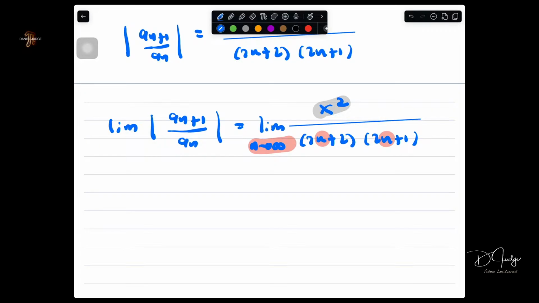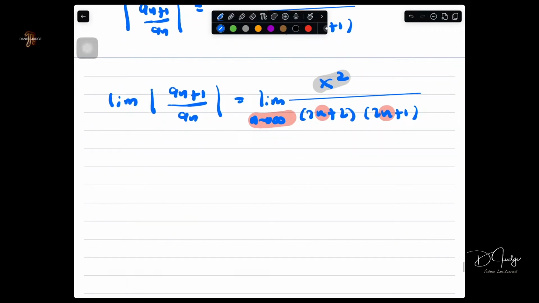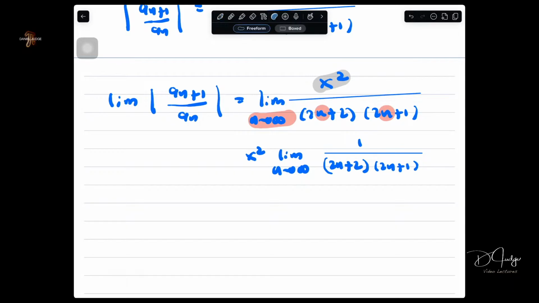Thinking of that as a constant, let's pull it out: x squared times the limit as n goes to infinity of 1 over (2n plus 2) times (2n plus 1).